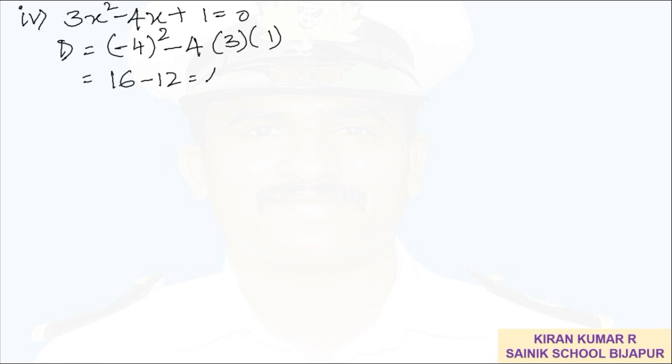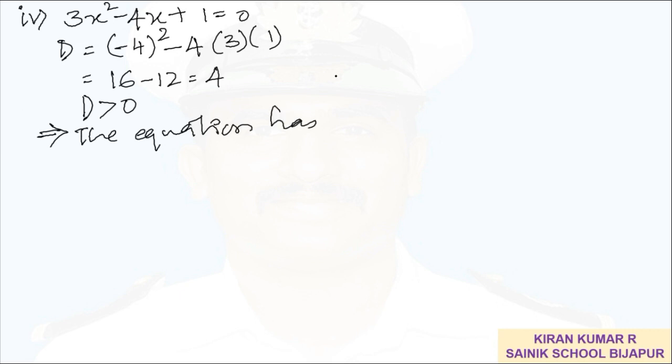We get it as positive 4. So d value is greater than 0. This implies that the equation has two distinct real roots.